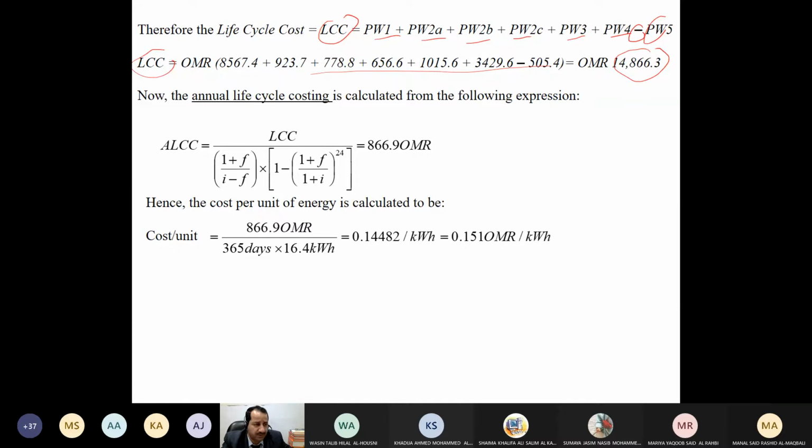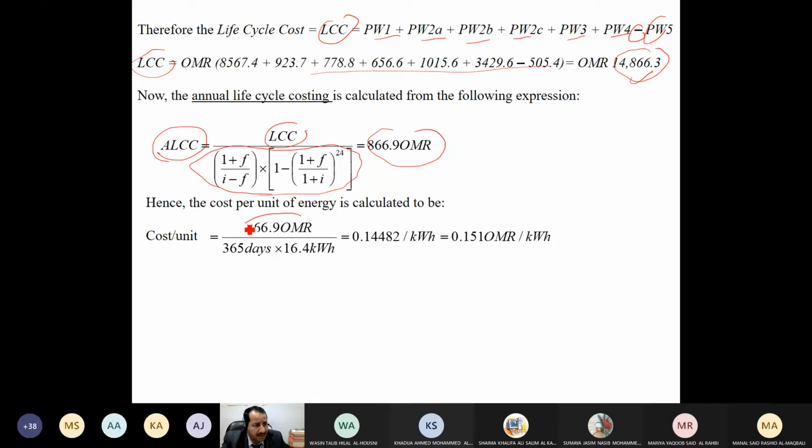So to calculate cost of energy, I will use this formula, which is called annual life cycle cost. I divide the life cycle cost, which is already calculated here, by this formula. I got the annual life cycle cost. By the way, you can try it when you have time. Try to do the same calculation.